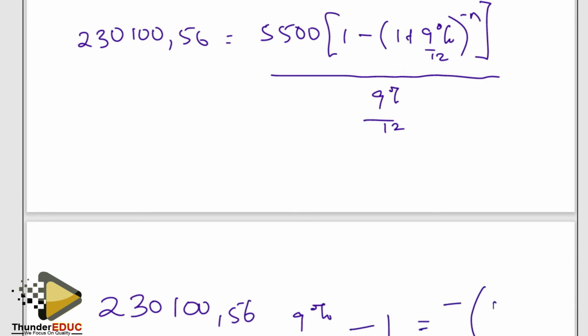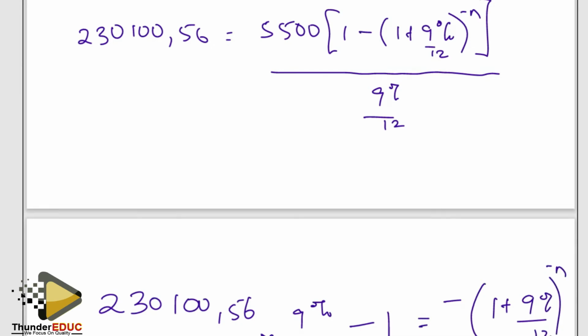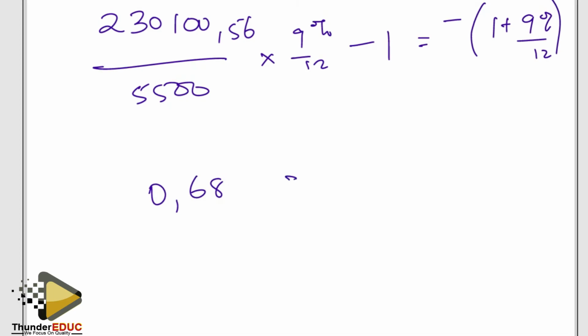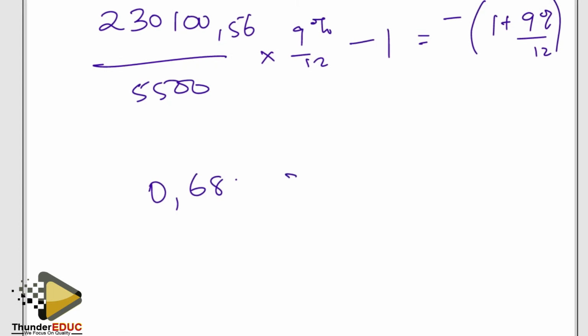We have negative 1 plus 9% over 12 to the negative n. Okay, so when I simplify my left hand side, I'm getting 0.686227 is equal to, when let me use a negative, it's fine.